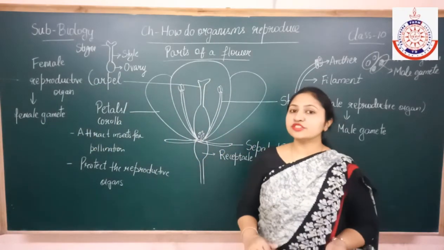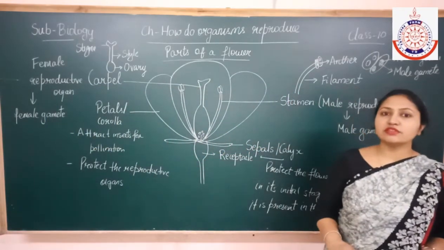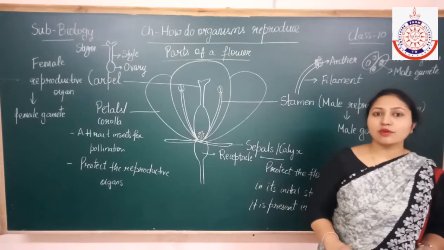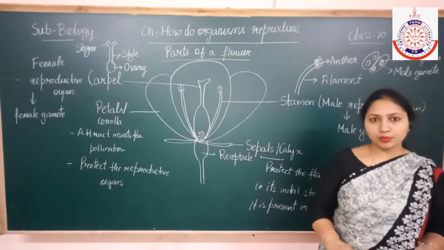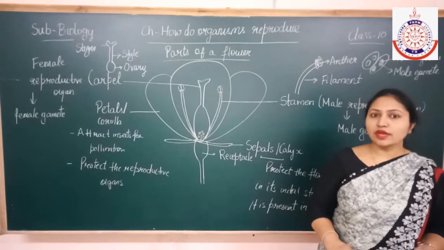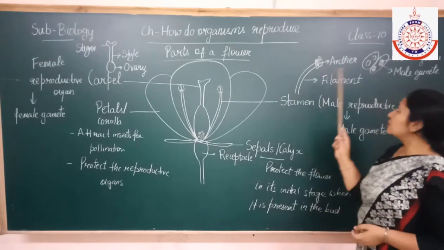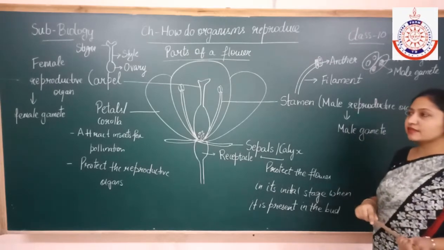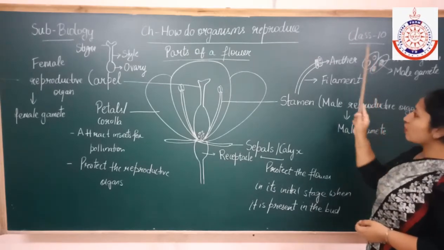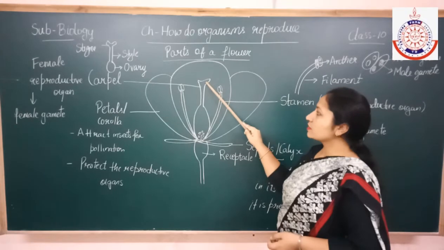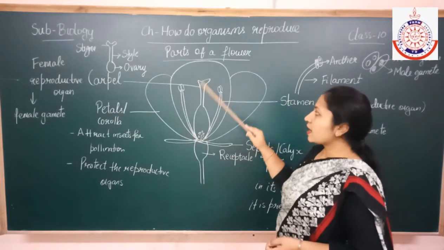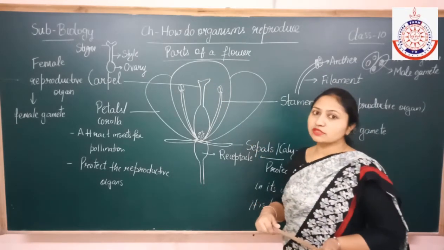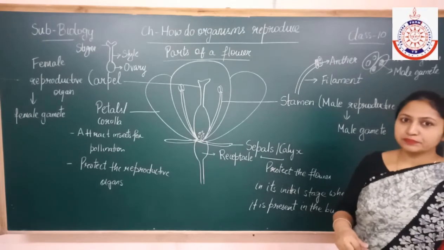Now what is the pollination process? Pollination means the transfer of pollen grains from the anther to the stigma. When the pollen grains present in the anther fall over the stigma region of the carpel, this process is known as pollination.